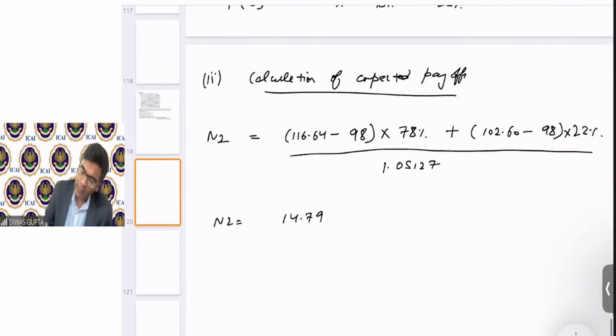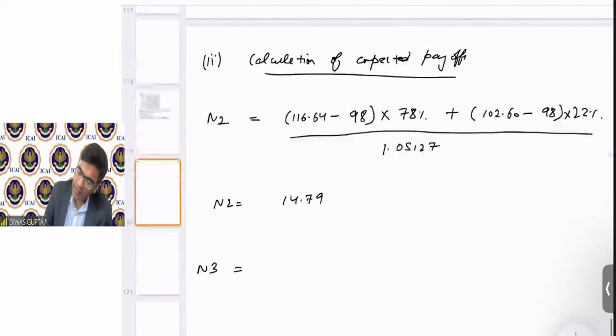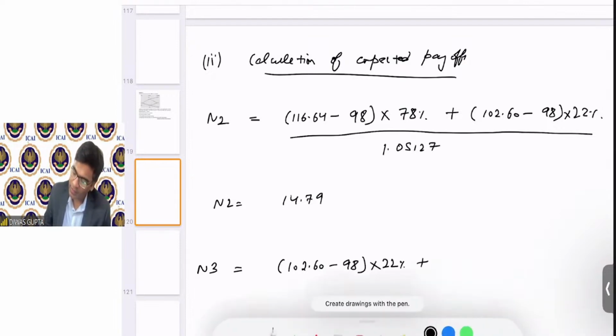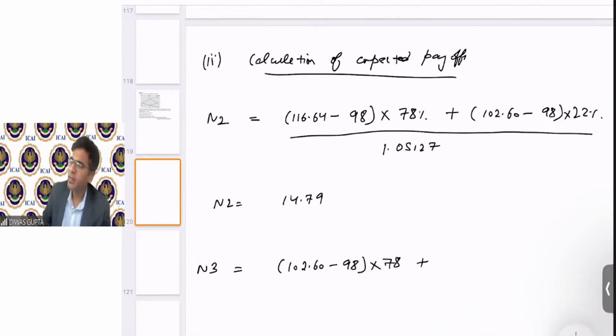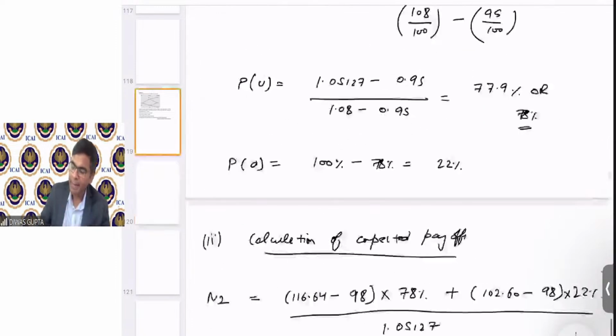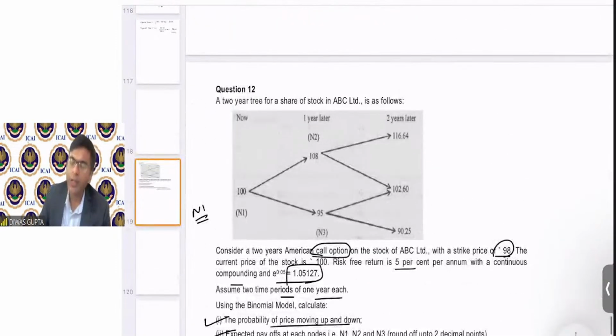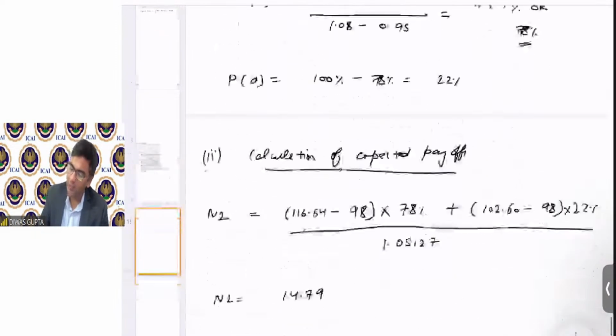14.79. Now N3, students, will be 102.60 minus 98 into 78 percentage, sorry, students. Because in this case, now this is the probability of the price going up, right, students? 78% plus for the 90.25. For this 90.25, there will not be any payoff, right?